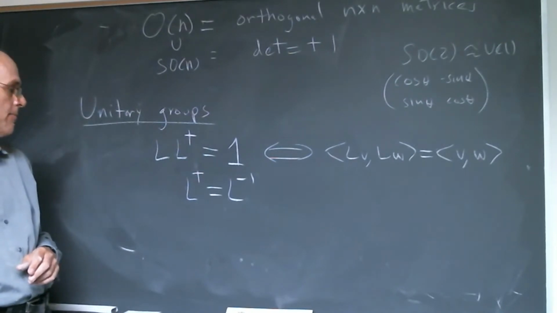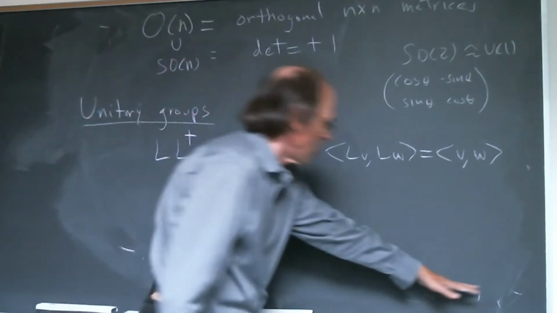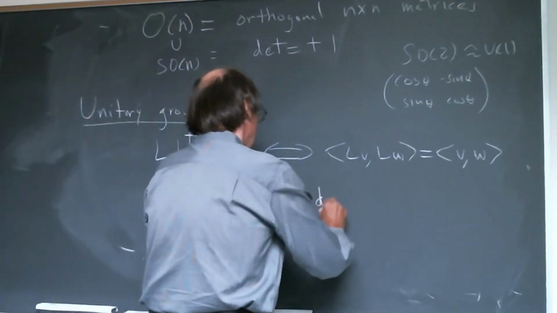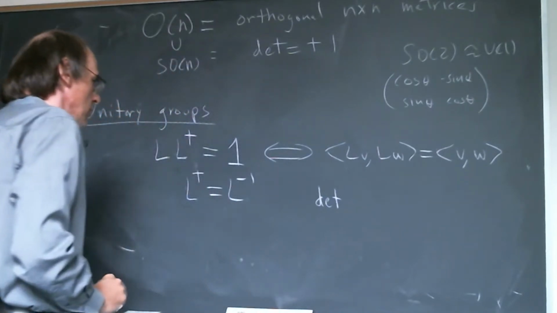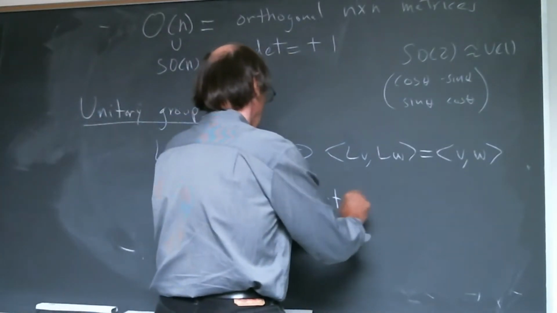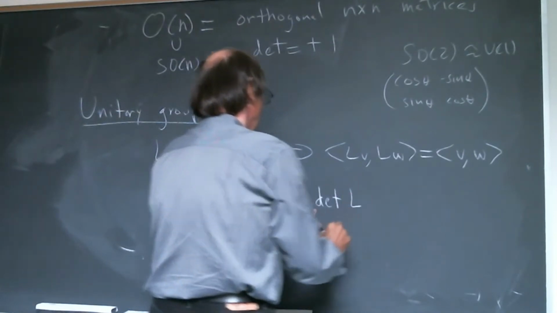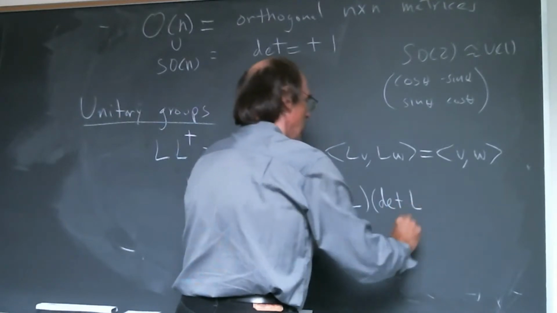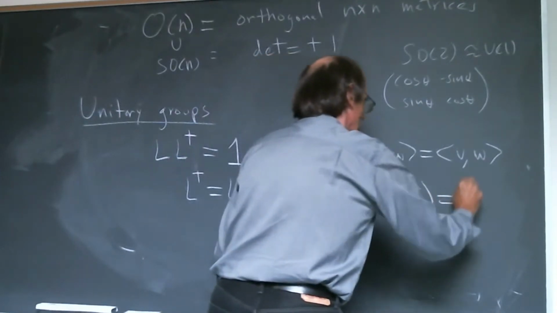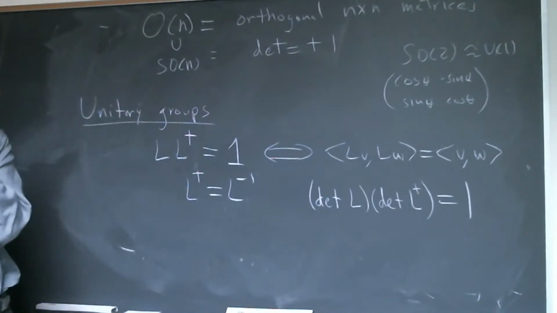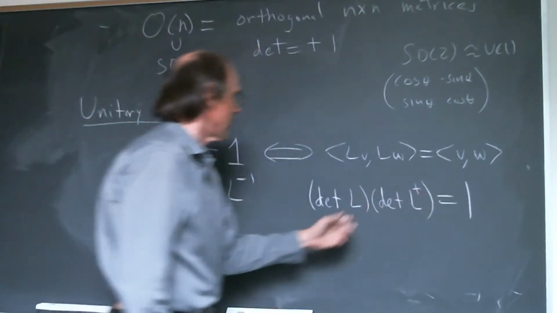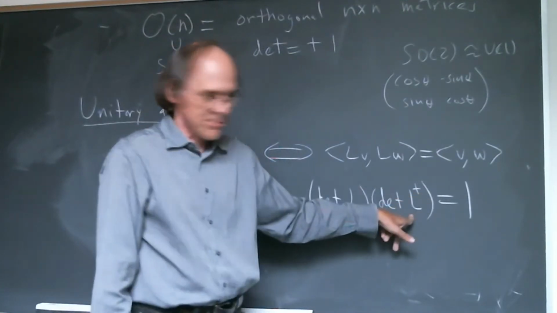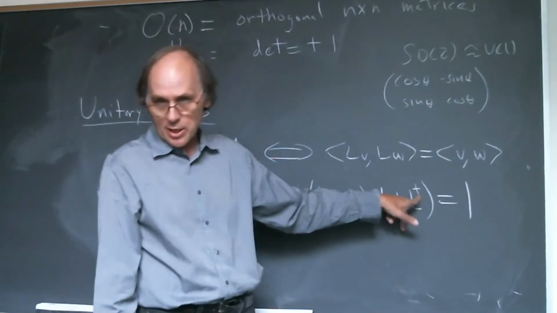Okay, so this is the unitarity condition, and we saw it for the SU(2) case. But now, the same argument that I just erased here tells you that the determinant of L times the determinant of L dagger is equal to 1. The transpose doesn't change anything, but taking the conjugate does.